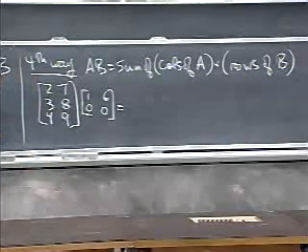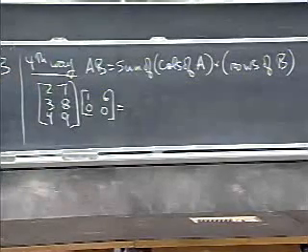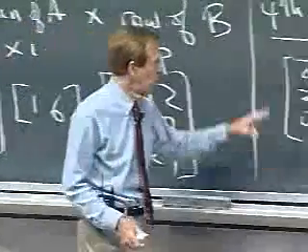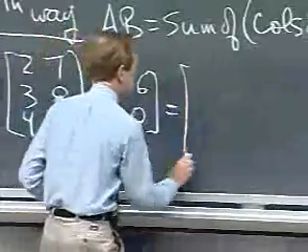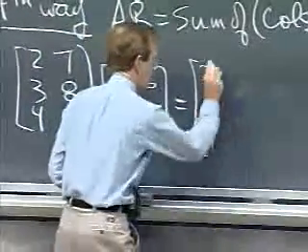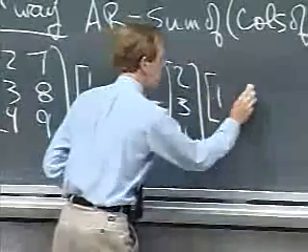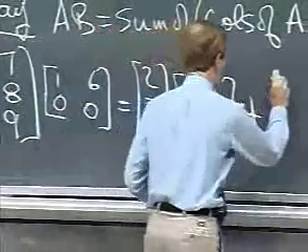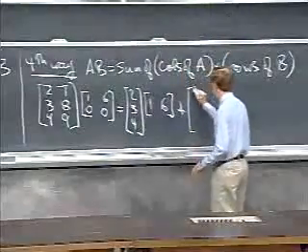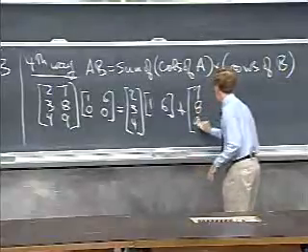So the beautiful rule, seeing the whole thing by columns and rows, is that I can take the first column times the first row and add the second column times the second row.